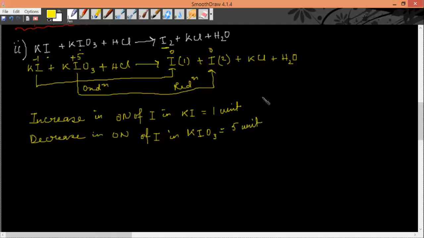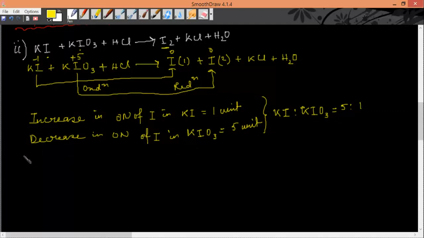Okay, now we have to find the ratio of these two iodines in KI and KIO3. So KI is to KIO3, we have to reverse the numbers. So for KI we will write 5 and for KIO3 we will write 1. So 5 is to 1 is here.